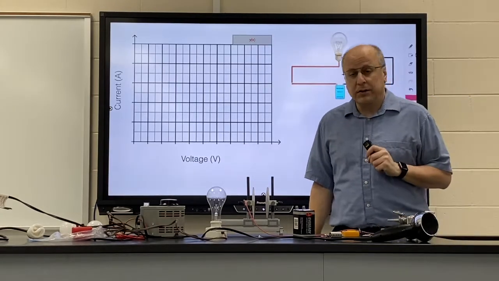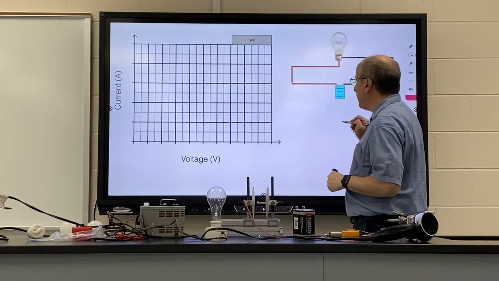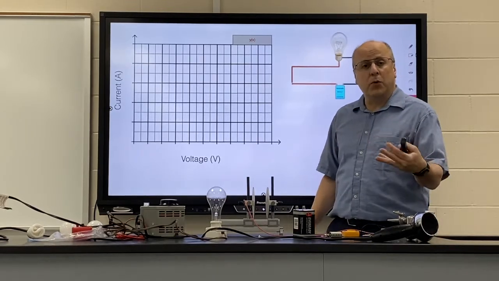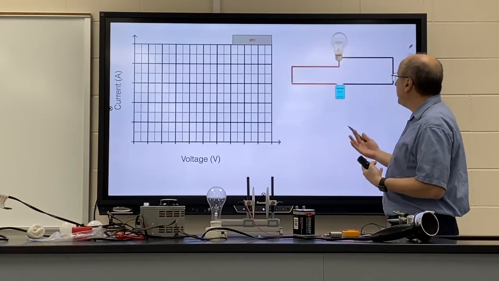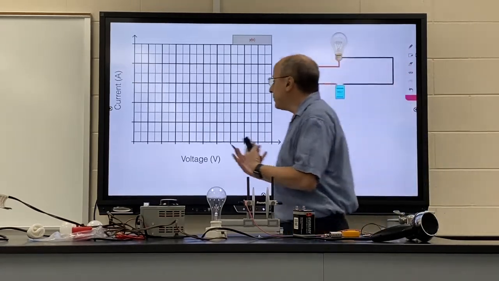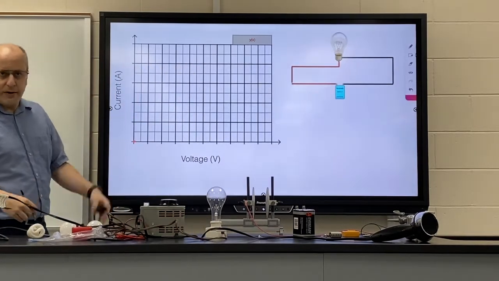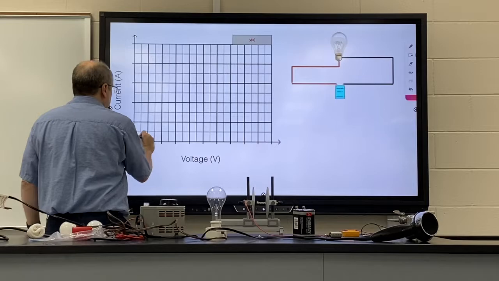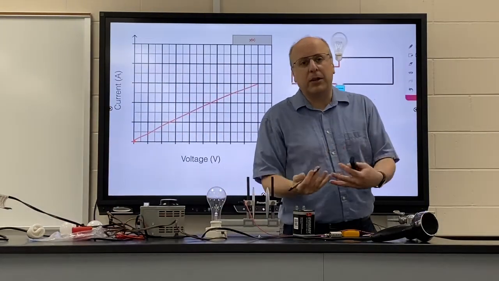How does it work? Well, with voltage, if we use a larger and larger battery, we will get more and more current flowing through our circuit. In fact, it turns out to be a direct relationship. It's proportional. If we have no voltage, we will have no current. If we double our voltage, we will double our current.